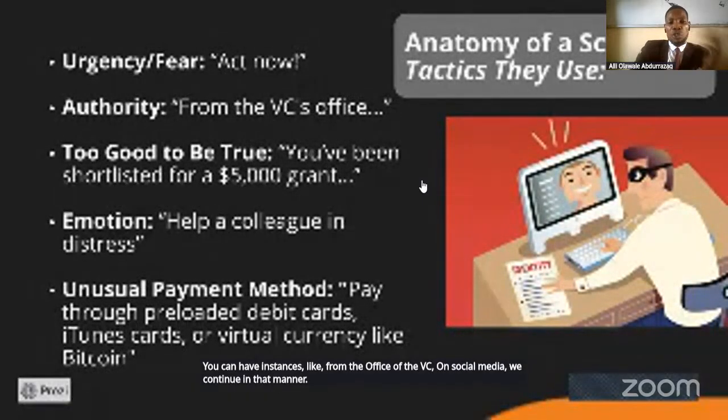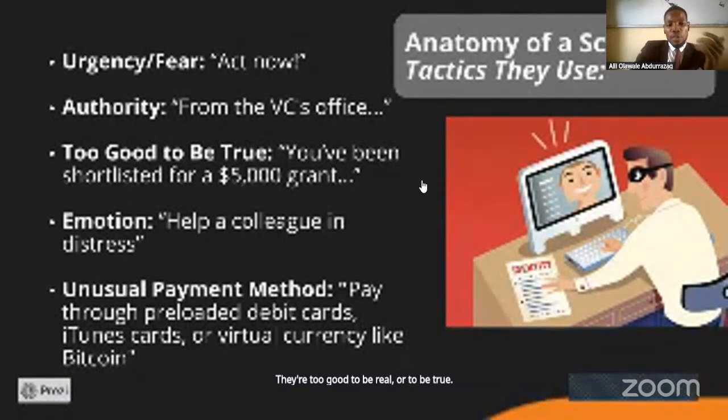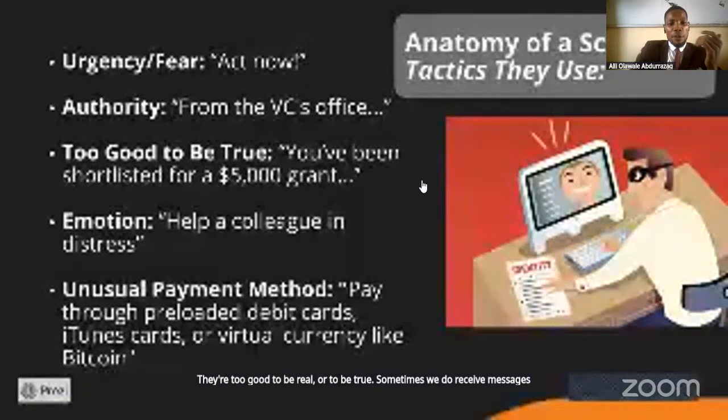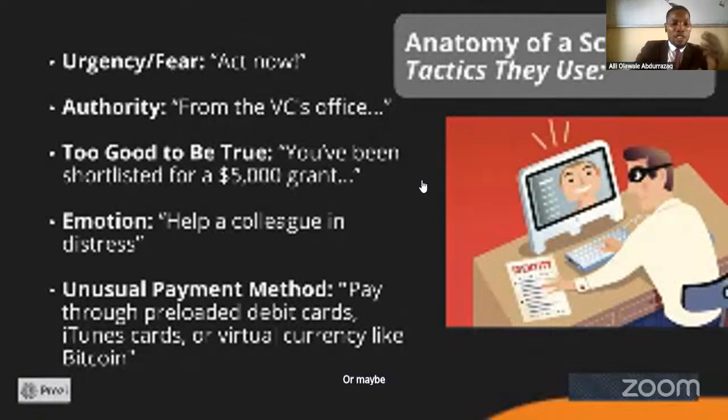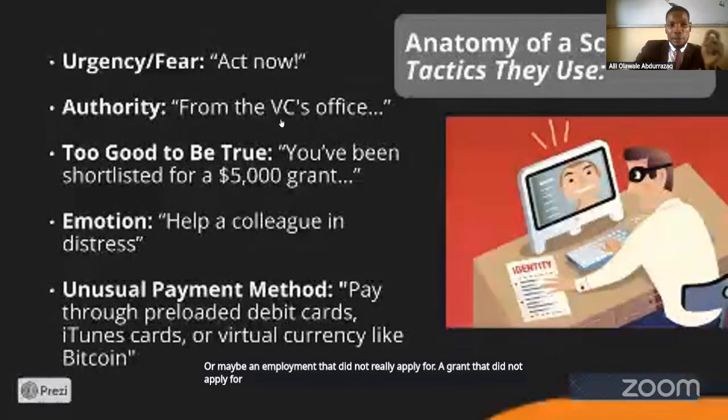Then too good to be true. Sometimes we receive messages telling us that we have been shortlisted for a grant or an employment that we did not apply for. That is beckoning on one's gullibility or greed.